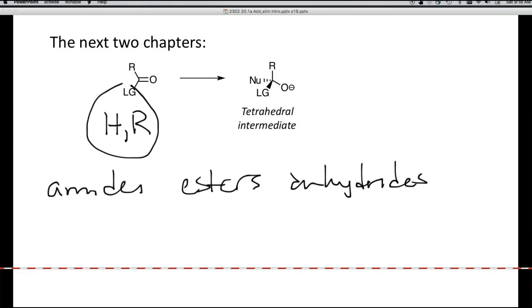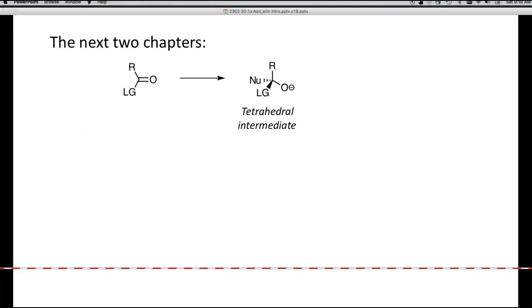So the first step in the mechanism for 17, 18, and 20 and 21 is the same old, same old. We have our incoming nucleophile, and it could be negative, it could be neutral, and it does what we expect it to do, attack the electrophilic carbon and kick the pair of pi electrons up onto the electronegative oxygen.